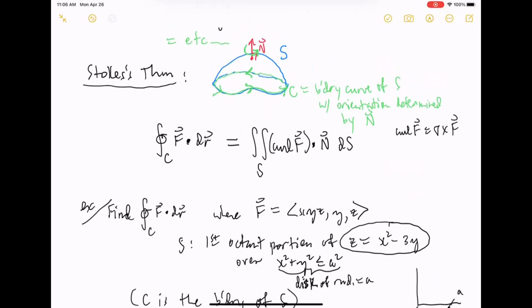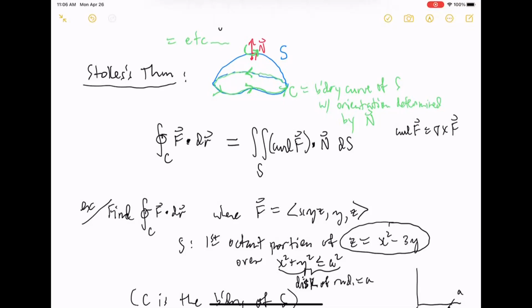I have this boundary curve, and the upward oriented normal induces a counterclockwise rotation around that curve, if I'm looking down on it. Stokes' theorem says the line integral of F, the vector field you're looking at, over that boundary curve with positive orientation is given by the surface integral of the curl of F dotted with dS. So it's a surface integral of curl of F over that surface with the upward oriented normal.